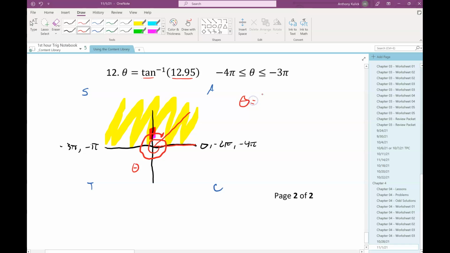So theta is going to be, and then again, obviously, this is my alpha, always the acute angle with the x-axis.